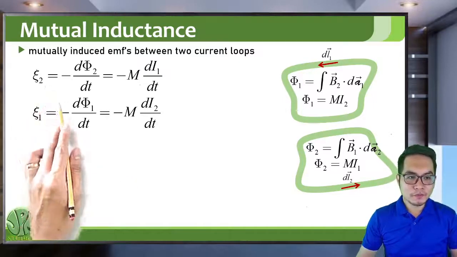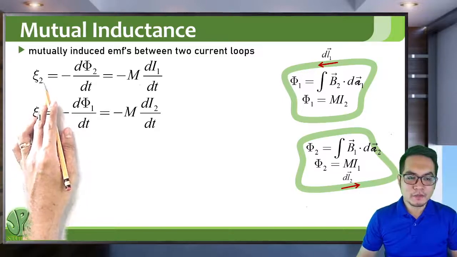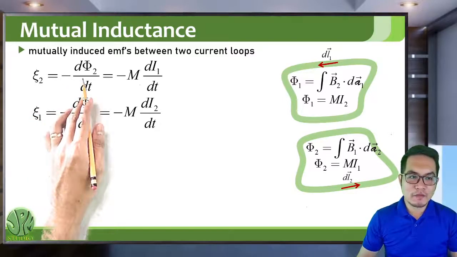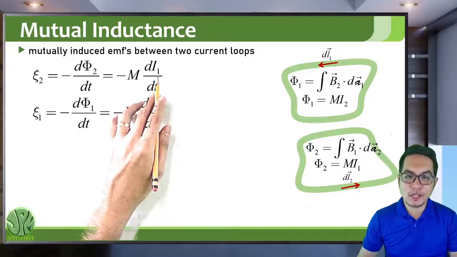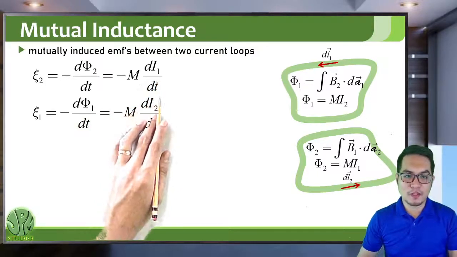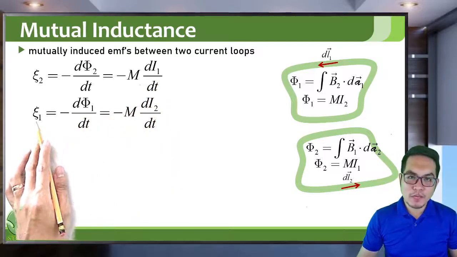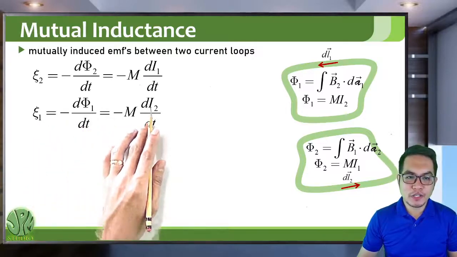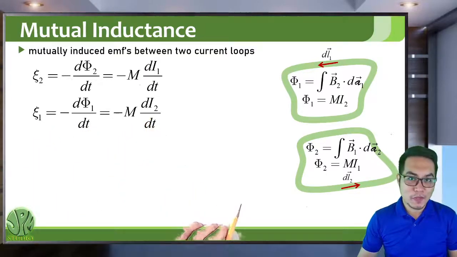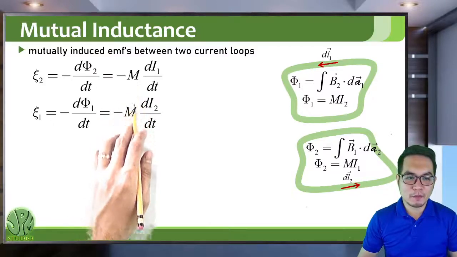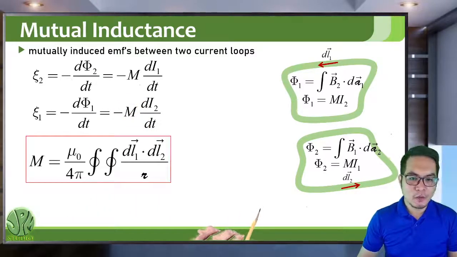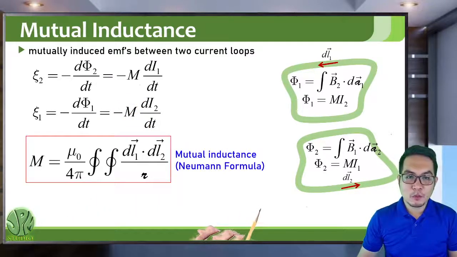Therefore, the induced EMF in loop number 2 is the change in flux in loop 2, which is just due to the changing current in 1. The induced EMF in loop number 1 is due to the changing current of loop number 2. They have the same proportionality constant M, which is what we call the mutual inductance.